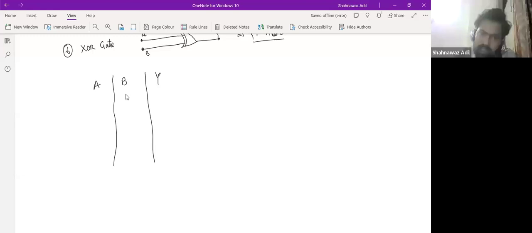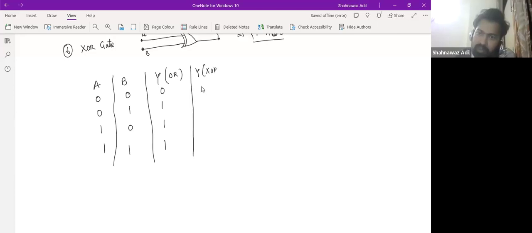Let's say the inputs are 0,0, 0,1, 1,0, 1,1. If I have an OR gate, this would be 0, 1, 1, 1. If I have an XOR gate, the only difference is that this is 0, 1, 1, and this would be 0. So this is the XOR gate. 1 plus 1 is 0 for XOR gate. That is the only difference, right?